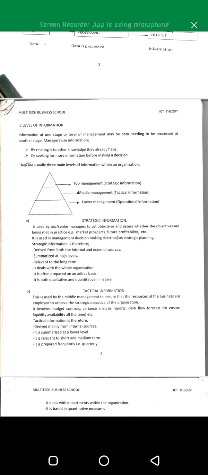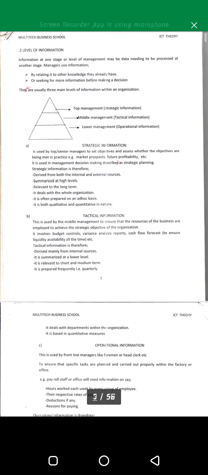We have the top management, which uses the strategic information level. Then we have middle management, which uses tactical information, and then we have lower management, which uses operational information.